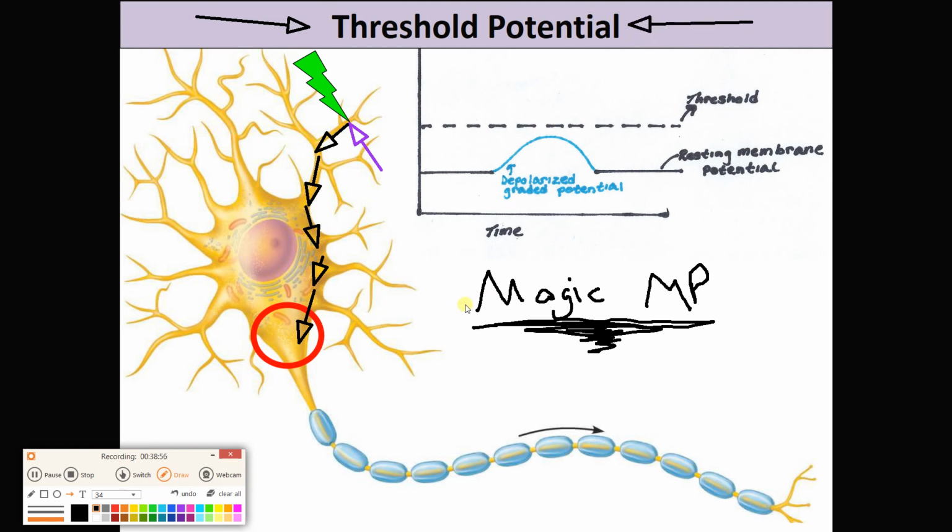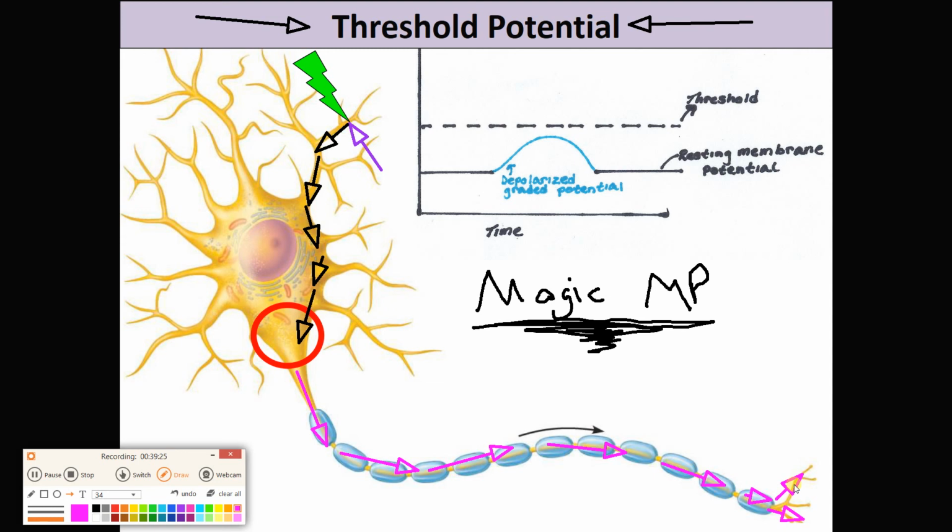If the depolarization that happens right here is enough to get us to the threshold potential, then an electrical signal will go down the axon all the way to the end. If we reach that magic number, as long as we get to it, doesn't matter how much greater than it we get, an electrical signal will travel all the way down the axon to the end.